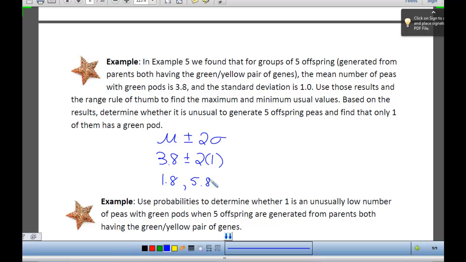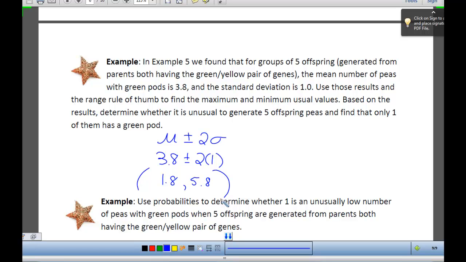Intuitively, when the probability of getting green is 0.75, would you agree that getting 5 green pods is not unusual? Okay, so that makes sense. So this would be our range from minimum to maximum typical number of pods.